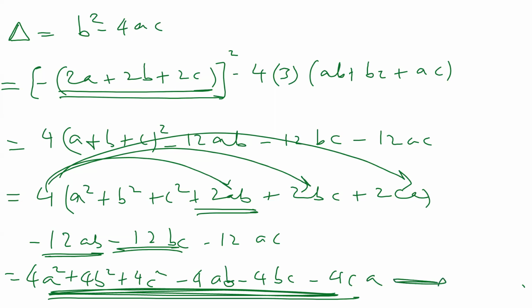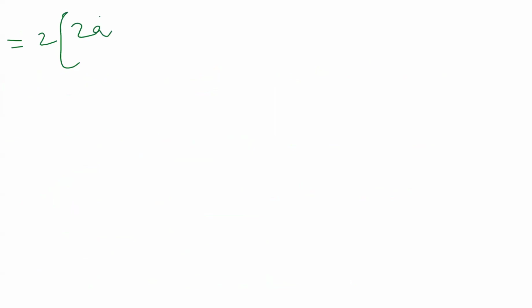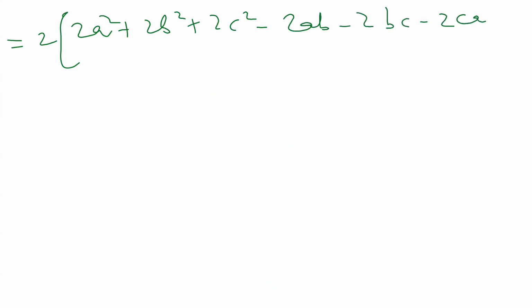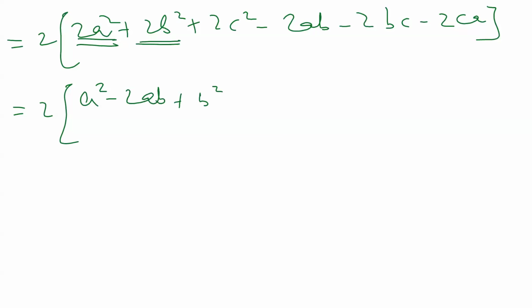So I'll just take 2 common over here. Okay. So 2a square plus 2b square plus 2c square minus 2ab minus 2bc minus 2ca. Okay. So 2a square, so I'll just write a square minus 2ab plus b square. Out of 2a square there is one more a square left. So a square minus 2ac plus c square.